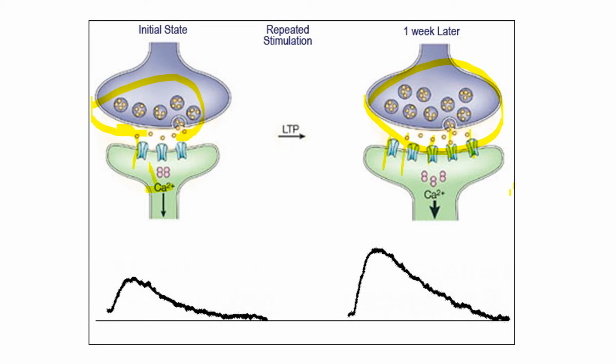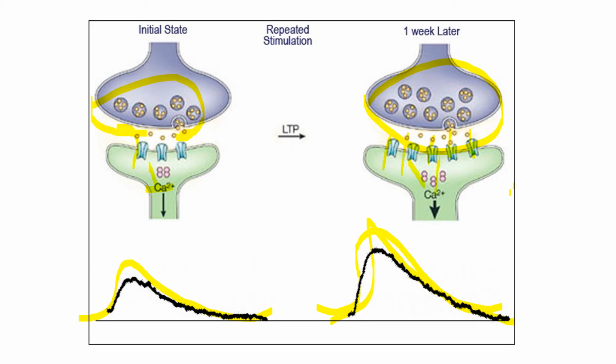And this is the structural change and genetic change we're seeing, due to more proteins being inserted, because if you remember, these receptors are just proteins. And so you'll have more sodium, more calcium coming in, and so we'll see a higher amount of depolarization occurring as compared to information that you learned, say, a week ago.